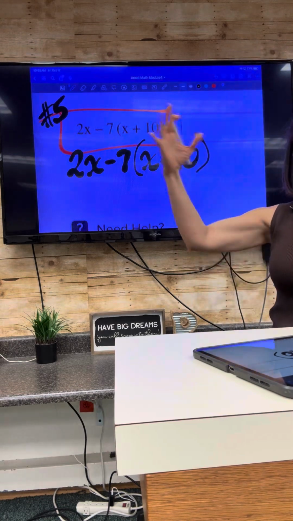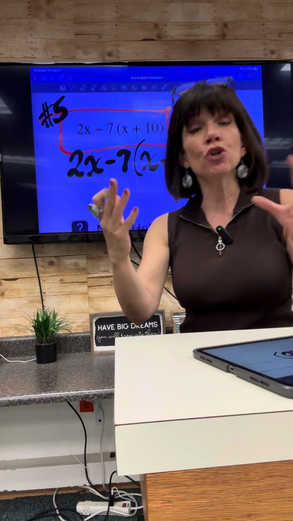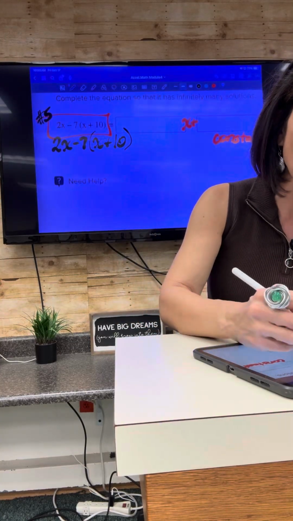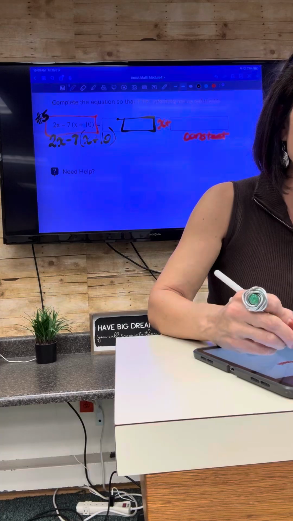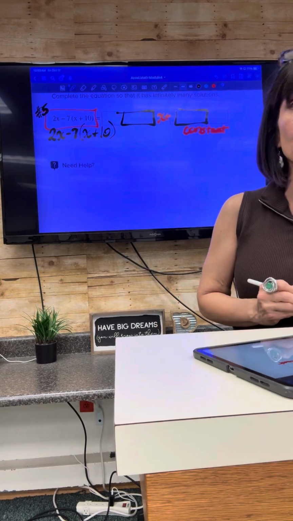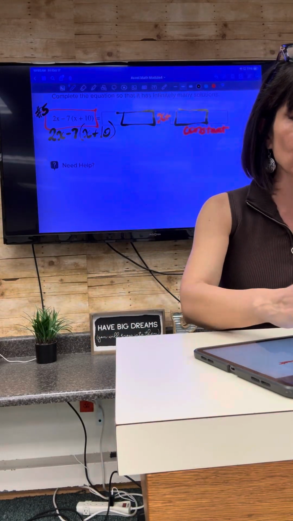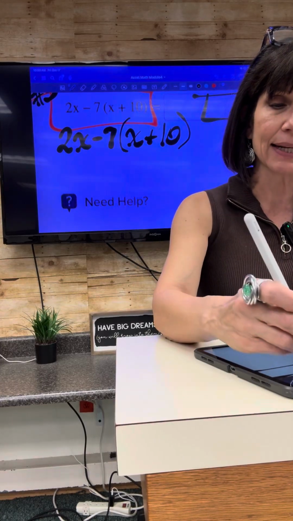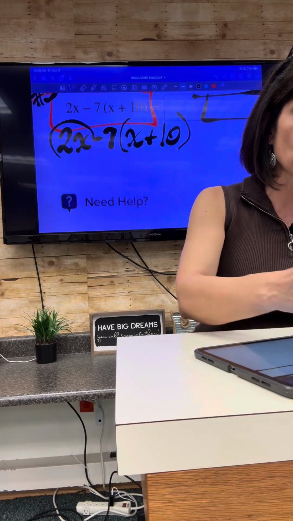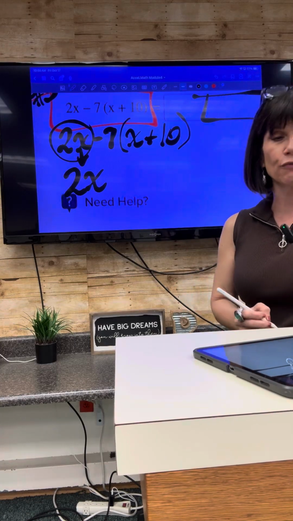We need to combine everything that we can so that we find the total amount of x that we want to place here and the total amount of the constant we want to place here, so that both sides will be representing the same value. All right, so let's begin. 2x take away 7 sets of x plus 10. Guys, please recopy your 2x down below in your new row of information.